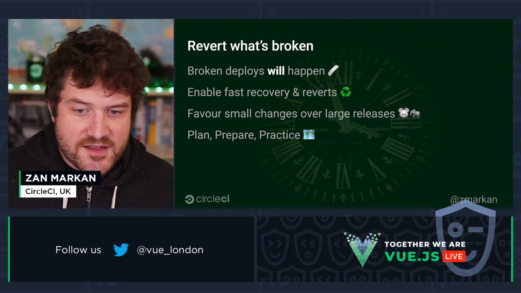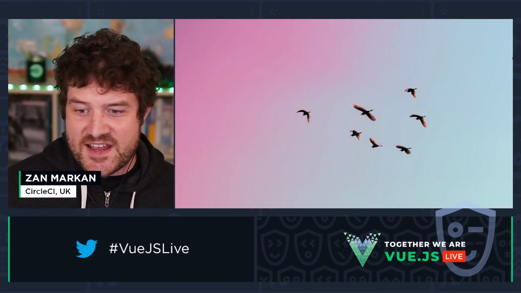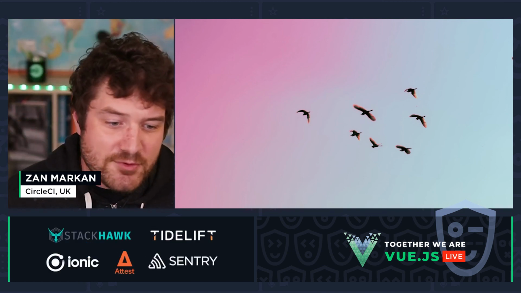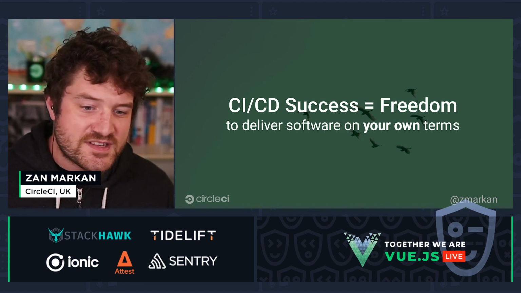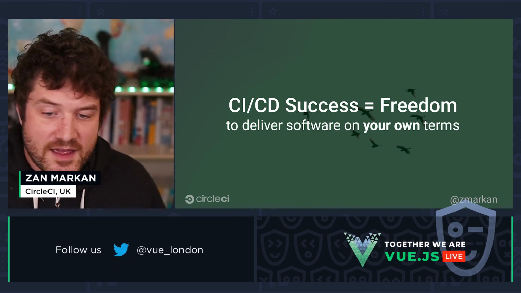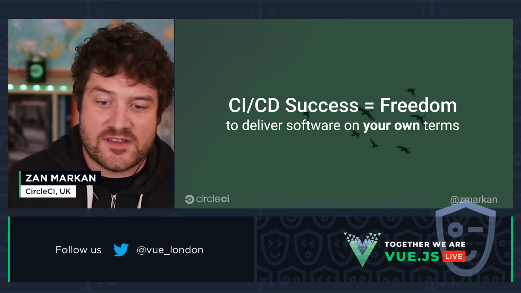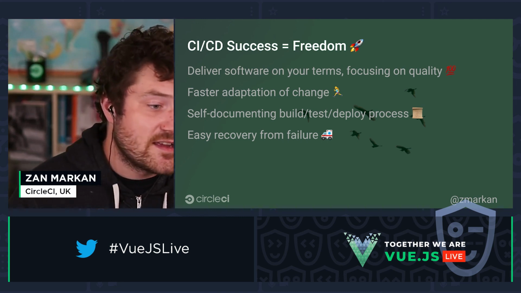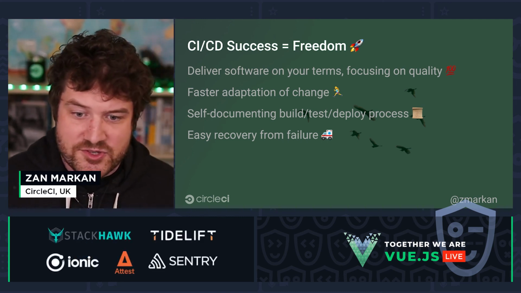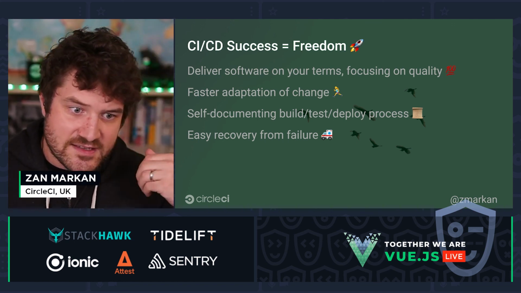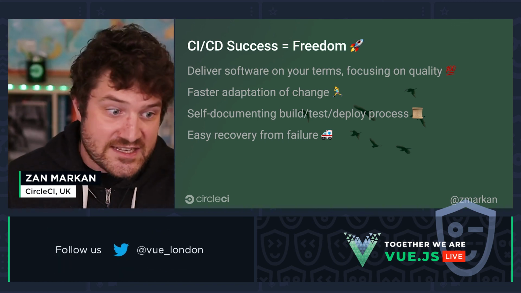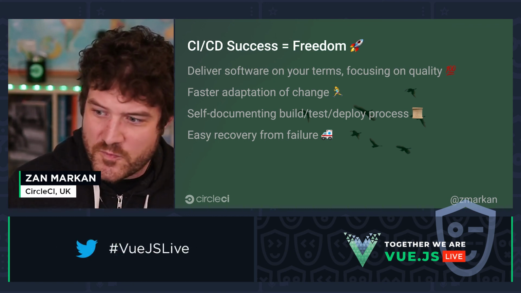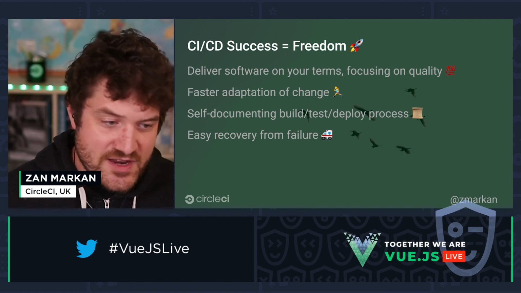Ultimately, though, to me, to be successful with a CI/CD system means to be free. It means you're able to deliver software on terms that you really control. And that's the best thing you can get out of it. You can focus on quality, you can focus on team happiness, and you can always adapt faster to change because you're able to ship constantly and release things a lot faster than you would have without the whole greenhouse approach.